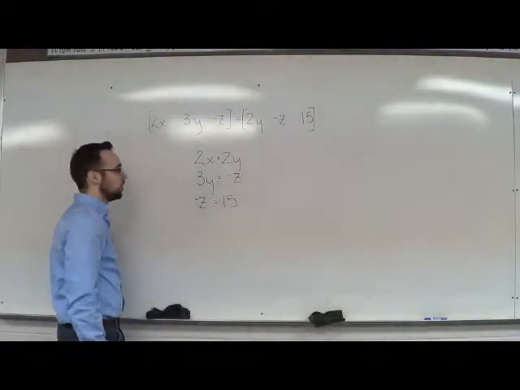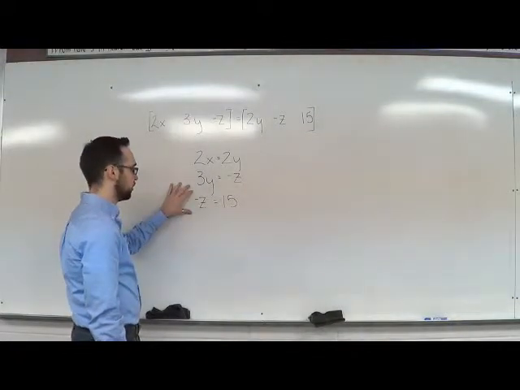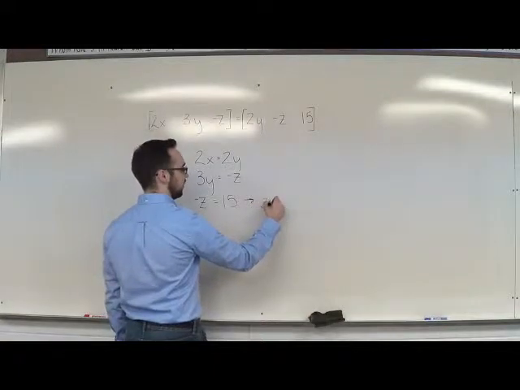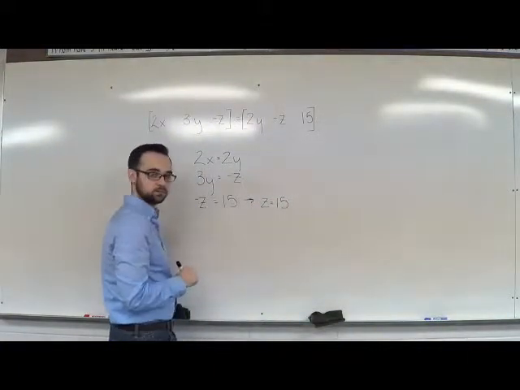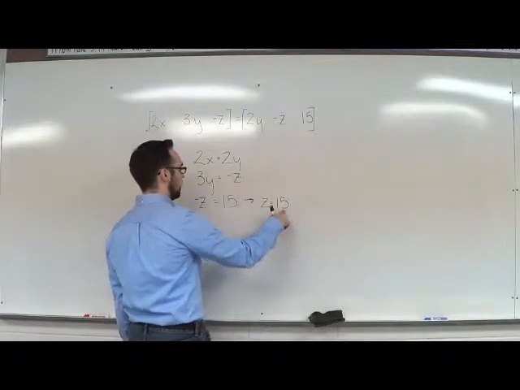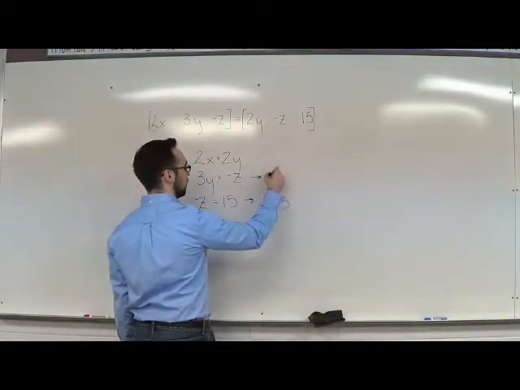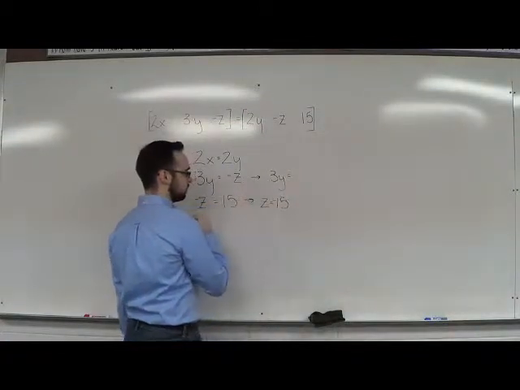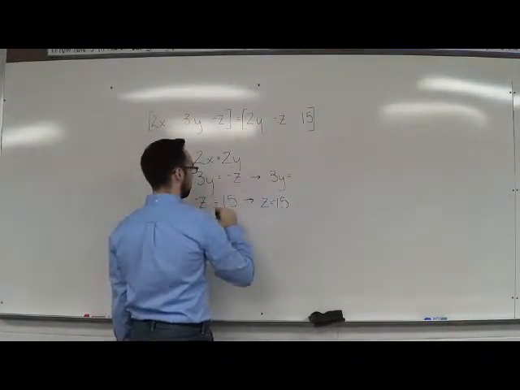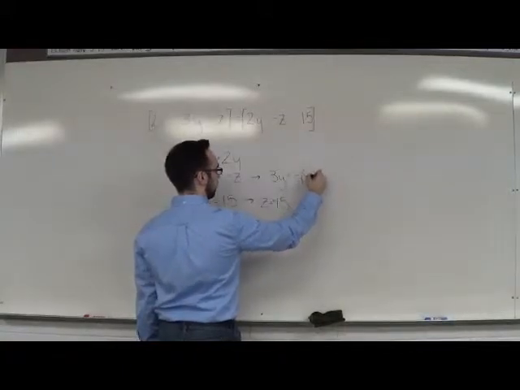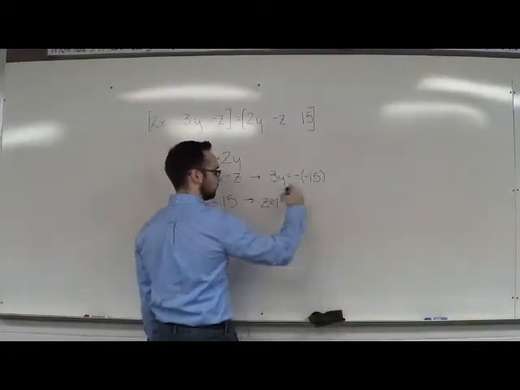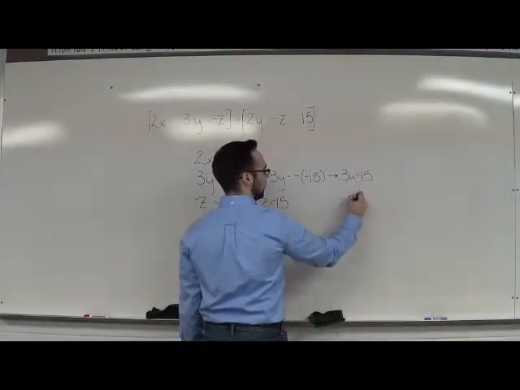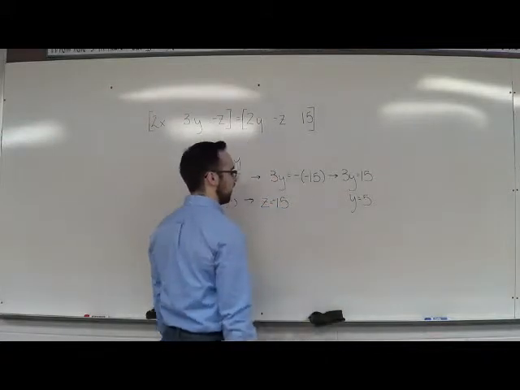So now it's our job to solve this. Well, these ones all involve two variables. This one is the only one that involves only one. So here we can say that z is just equal to 15. If z is 15, I can go back up here and say that 3y is equal to negative 15, which means that y is equal to negative 5.